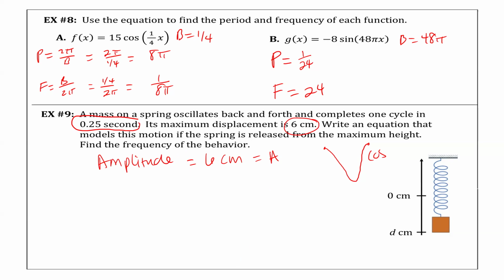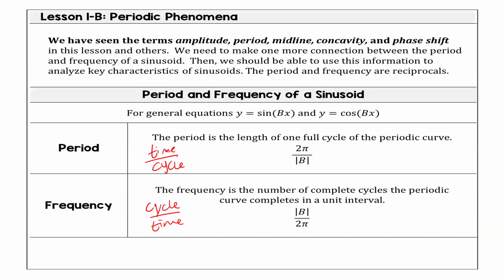In order to find our B, we're going to take into account our time over cycle. So this is our time over our cycle, which is 0.25 seconds. That's how long it takes us, right? When we talked about, can I go back a slide real quick? That's our period.